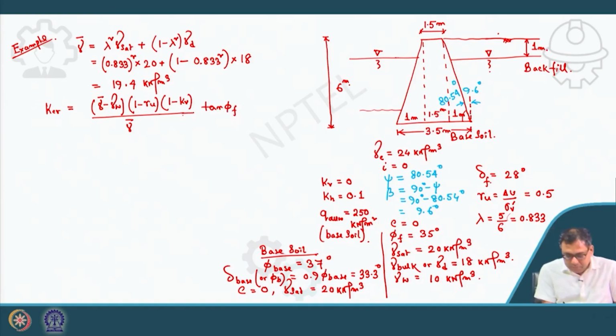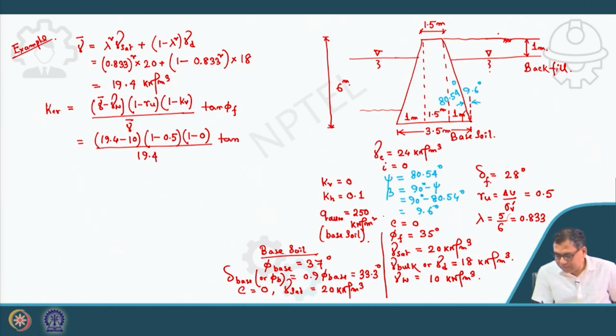So gamma bar is 19.4, minus unit weight of water, 10, into 1 minus Ru, which is 0.5, into 1 minus 0 because the Kv value is 0, divided by 19.4 into tan phi, where backfill is 35 degree. It comes out to be 0.17, which is greater than 0.1 that we have taken, so it is okay.